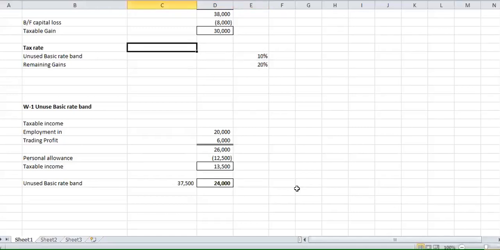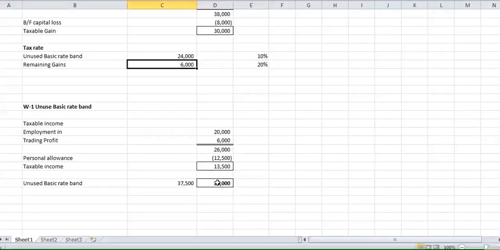Students, you can see our total taxable gain is 30,000 pounds. So out of 30,000 pounds, we will apply 10% tax rate on 24,000 pounds, and on remaining gain equal to 30,000 minus 24,000. Remaining gain is 6,000.